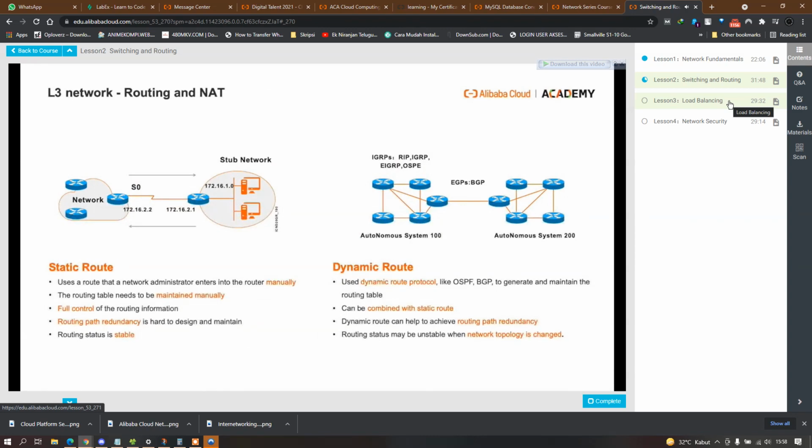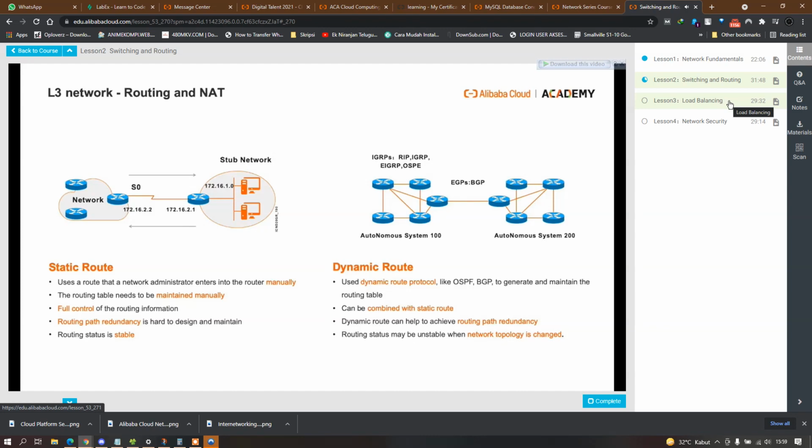And when we're talking about routing, there are two things that we must mention: the static route and the dynamic route. So let's see from this picture what the difference between the static route and the dynamic route is. Firstly, a static route is a route that a network administrator entered into the router manually, which means all the routing information should be entered manually by the administrator, by a human being.